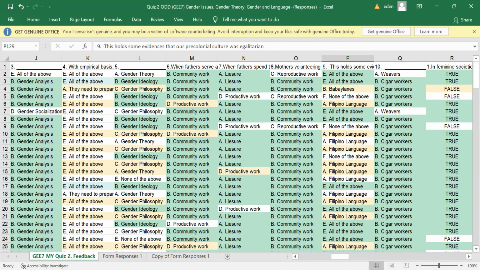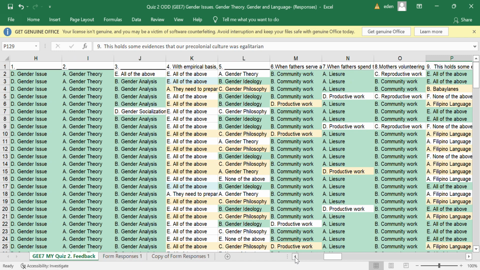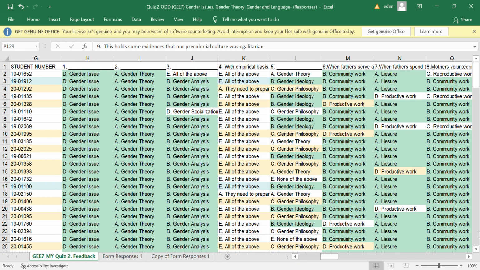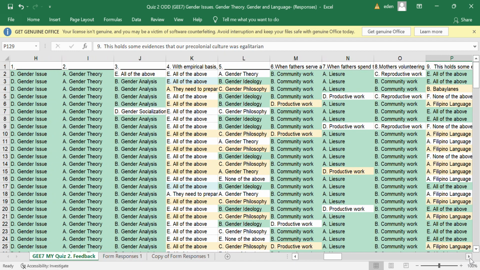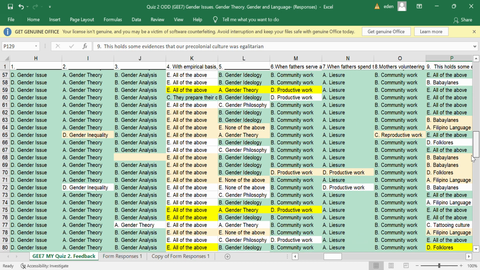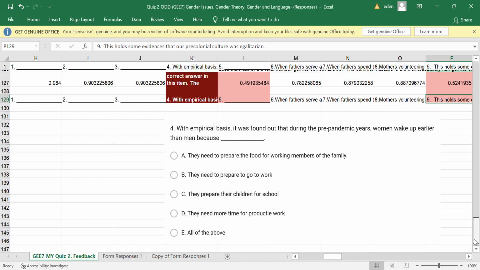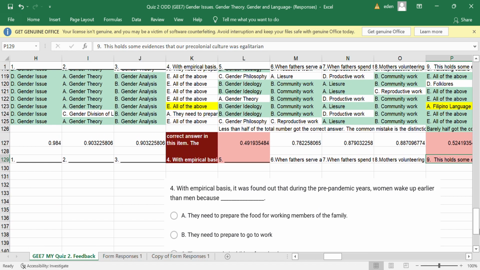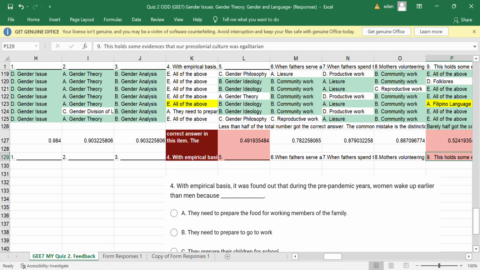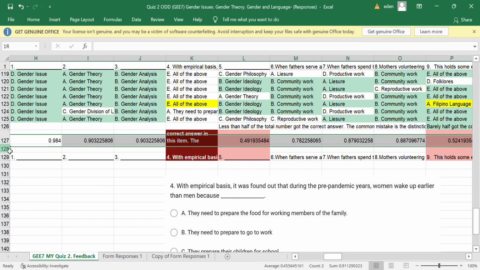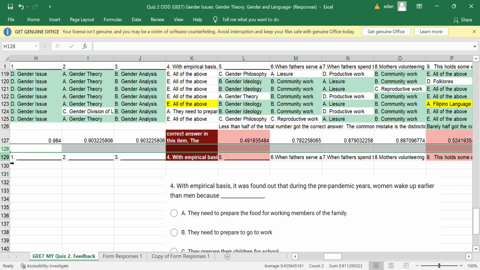Okay, let's start. In these rows you will find some shadings again.